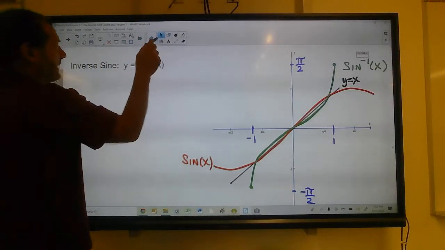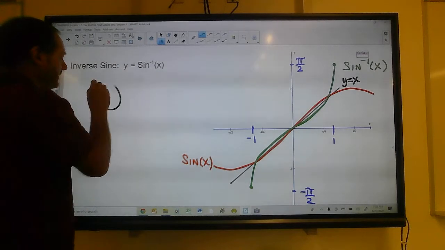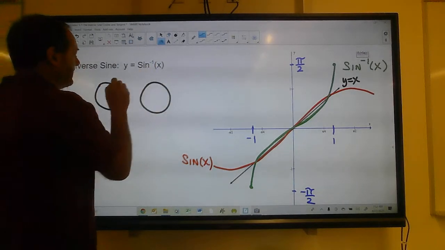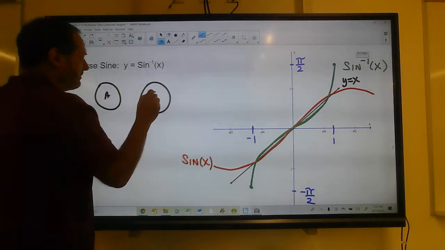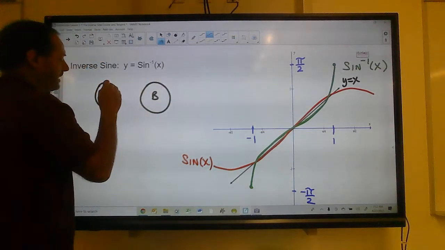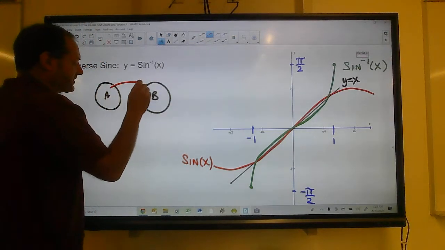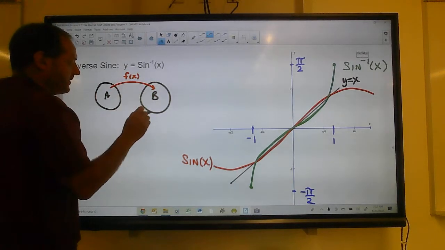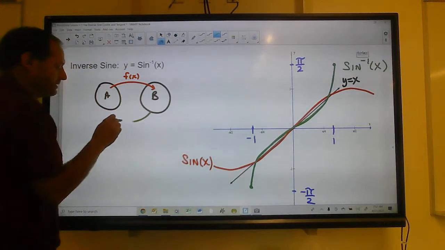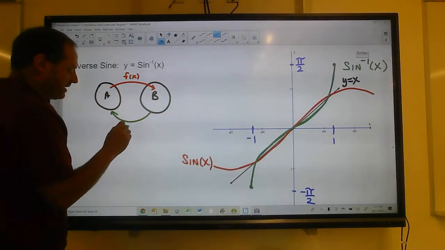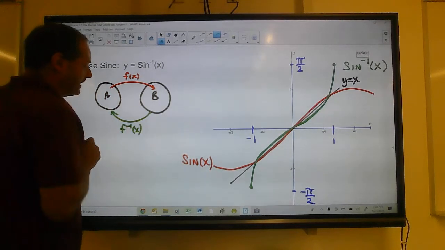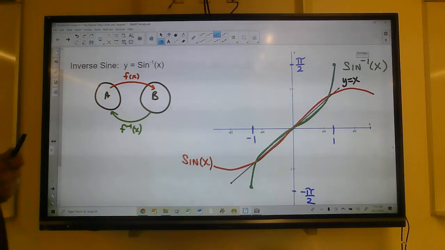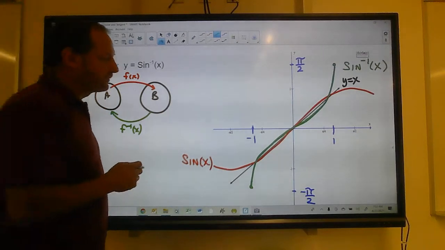If you have two sets, set A and set B, and a function takes A to B, then the inverse function takes B back to A. So that's what this does here.